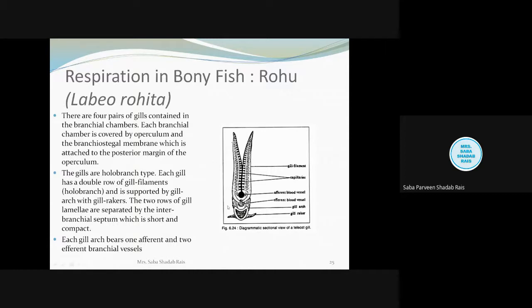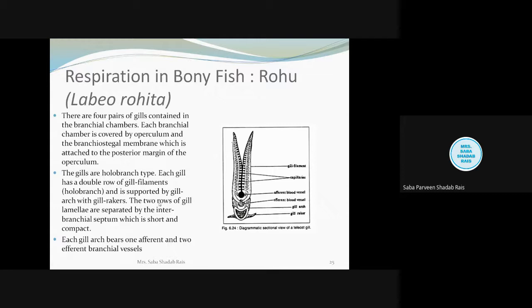Afferent means bringing the supply towards the organ, efferent leaving it. Both could be pronounced similarly, but I always pronounce them as afferent and efferent, so that the idea comes that afferent is bringing towards the organ, and efferent is taking away from the organ.